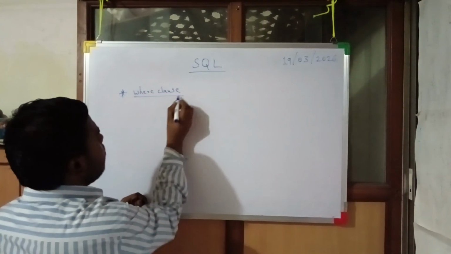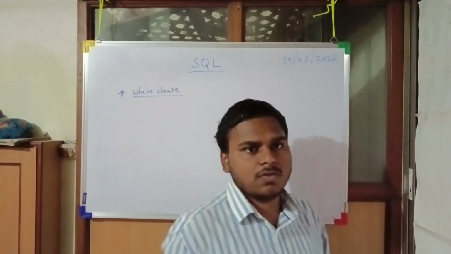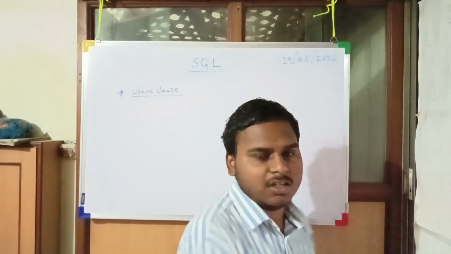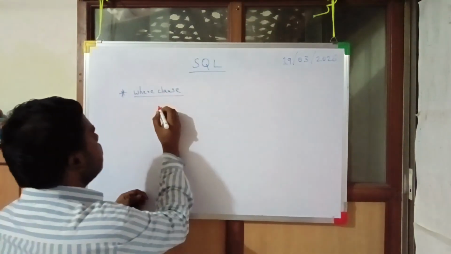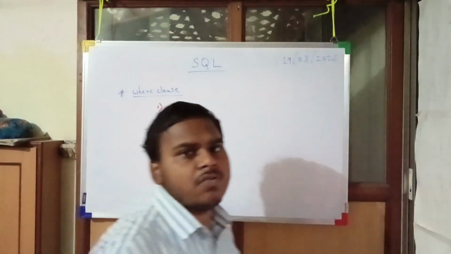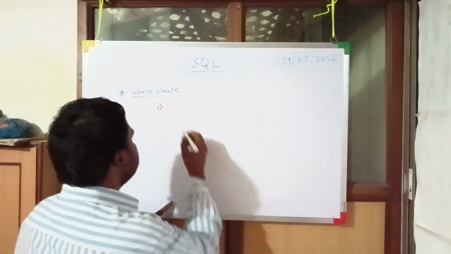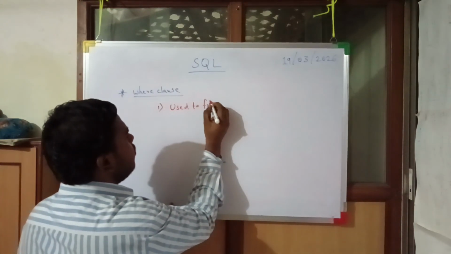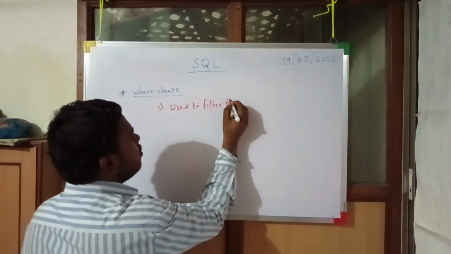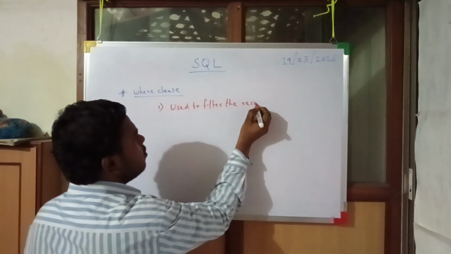So this was the topic we studied in the last class. Let's summarize it before starting the new topic. What was the role of the where clause? The where clause is used to filter the records.